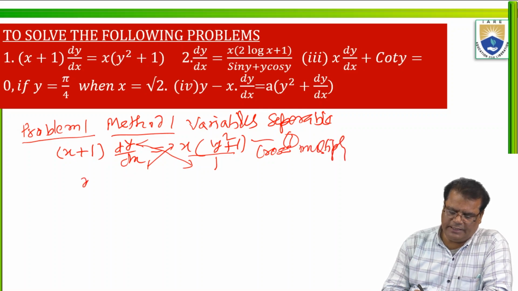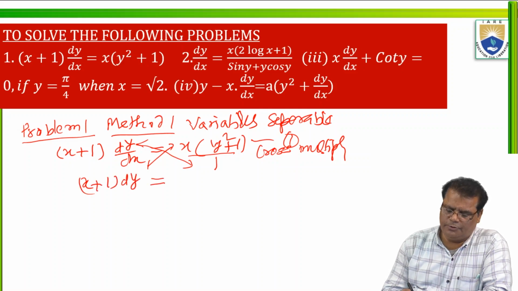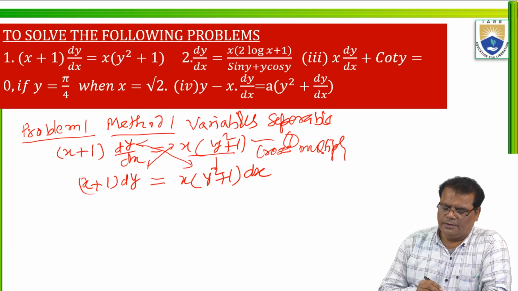After cross multiply, (x plus 1) dy equal to (x y square plus 1) into dx. Now the name of the method is variable separable. Here is dx but here is y. So variables should be separate.